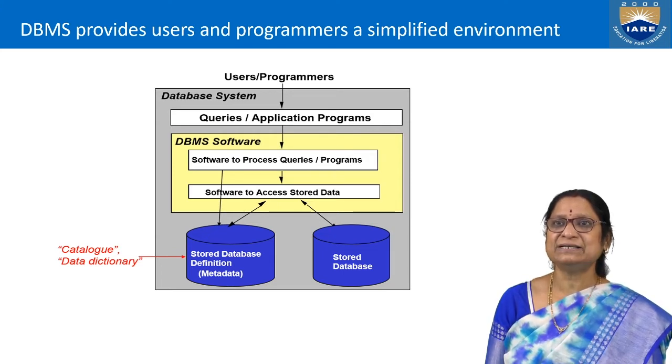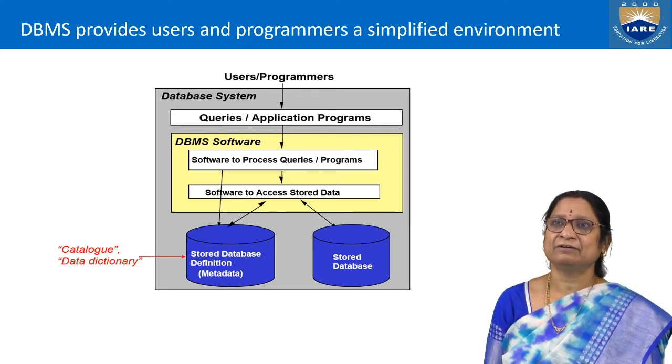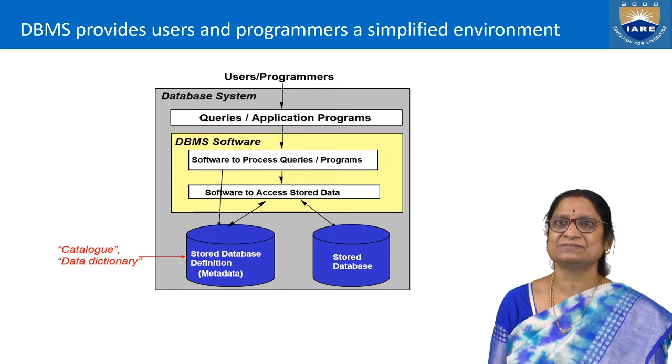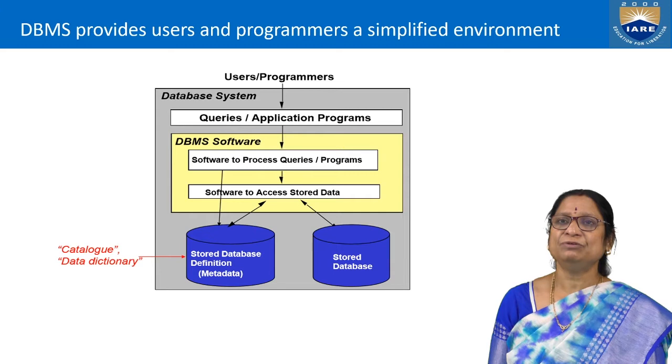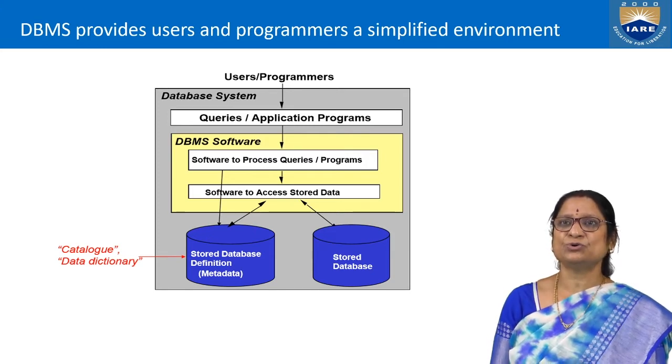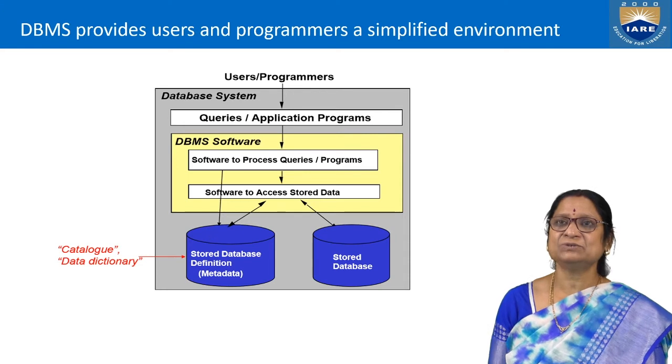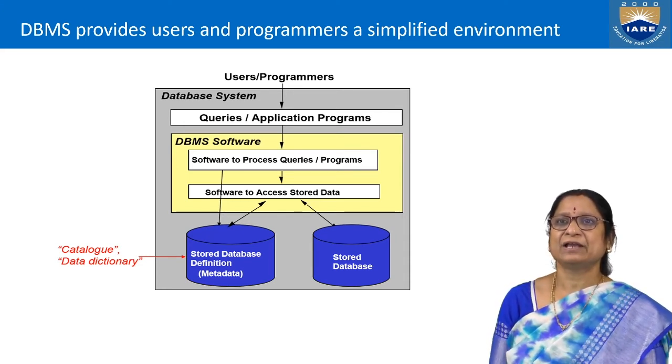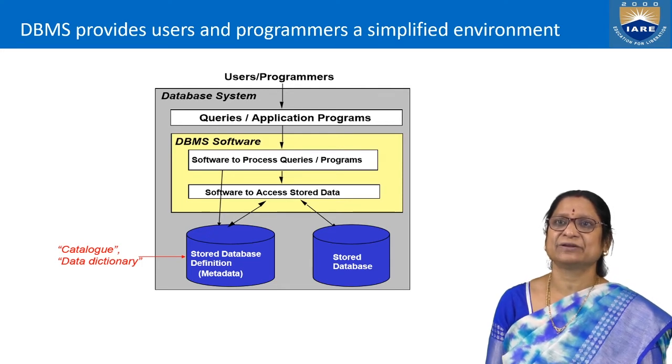It provides an intermediary between users and the basic data stored in our secondary storage devices as persistent data. This DBMS software accepts requests from users or programmers, interacts with the respective storage of the data as per their request, and provides the required data to the users as a response to their queries.